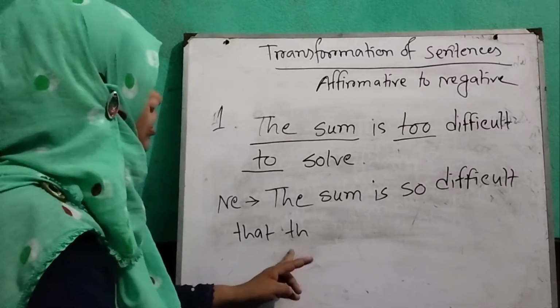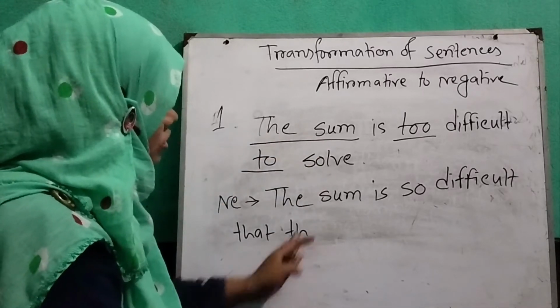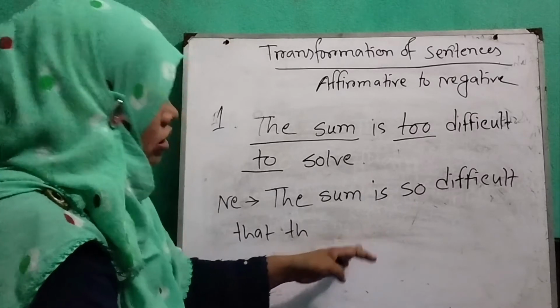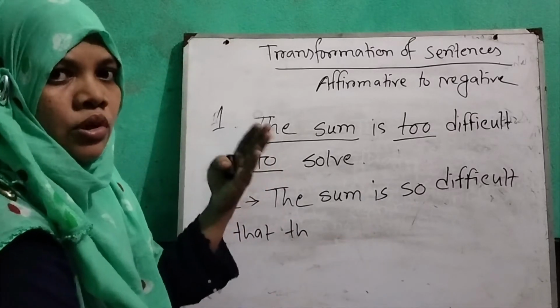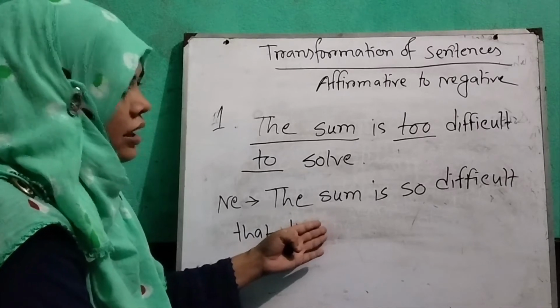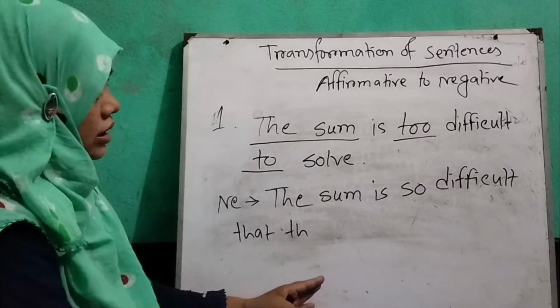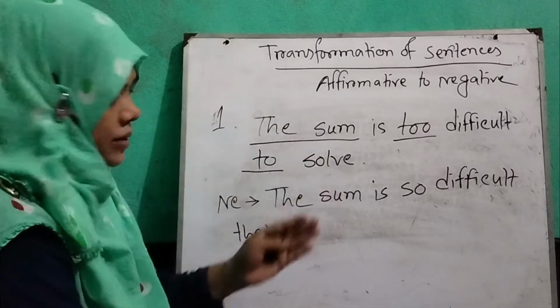it will not be the first subject. According to sentence, you have to understand the meaning of the sentence, and according to the sentence, you have to bring the subject.